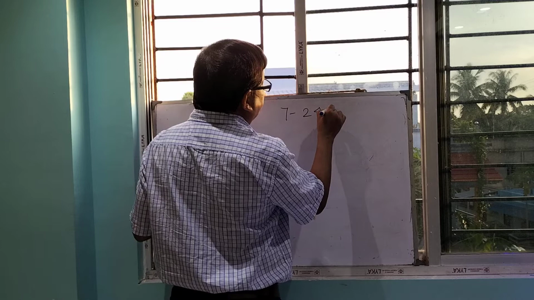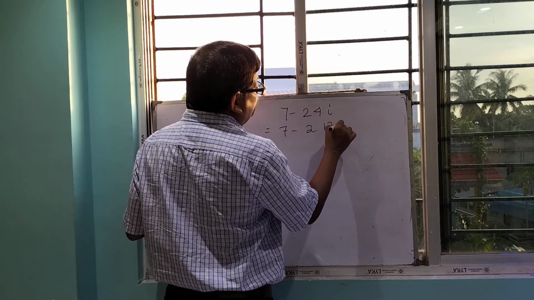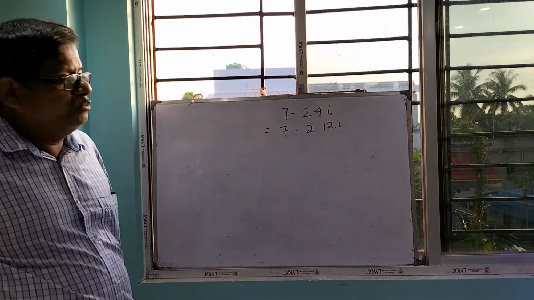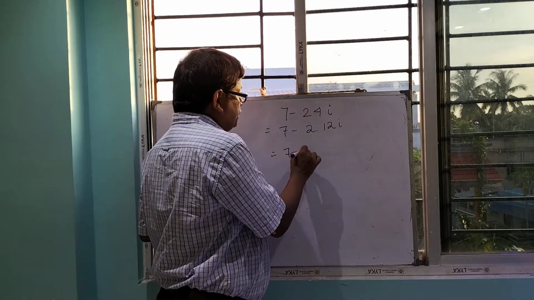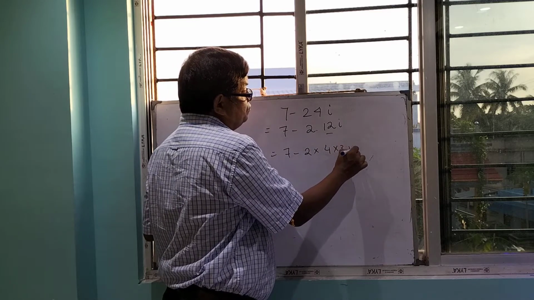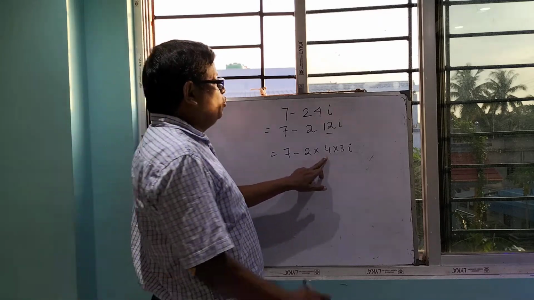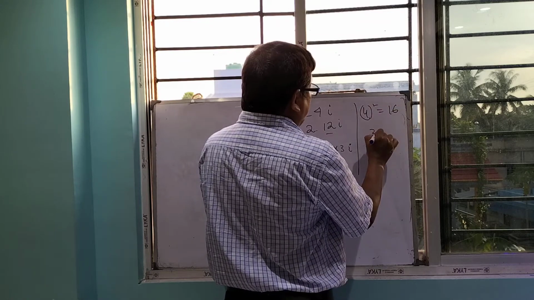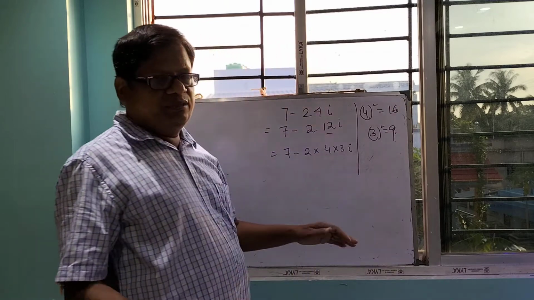Again, 7 minus 24i. See, 7 minus 2 into 12i, we can write 4 into 3i. Now look at here, 4 square we know is 16, and 3 square we know is 9, no? So 16 minus 9 you will get 7.